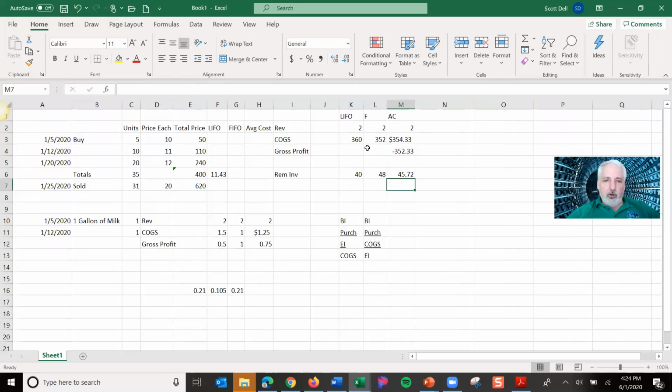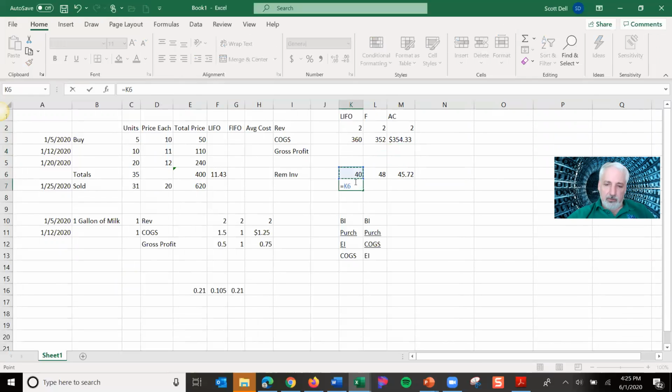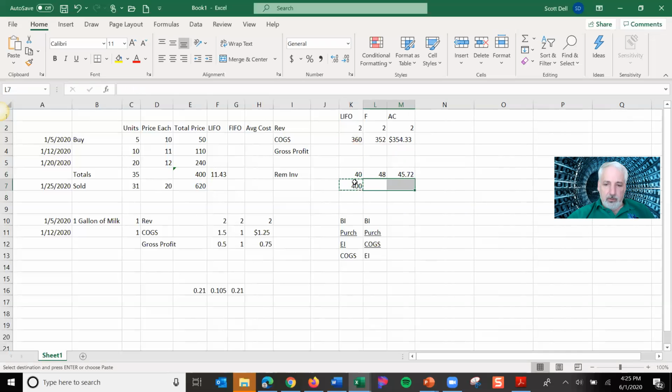And in theory, I'm hoping that my 354.33 and my 45.72 equals 400. So I'm going to do equals that plus. You see how the spreadsheet can really save you a lot of time. We got a rounding error here because I didn't round. There's a couple of decimal points after the 43, but I'm at $400 total, made up of inventory at 40, 48, 45.72, cost of goods sold at 360, 352, 354.